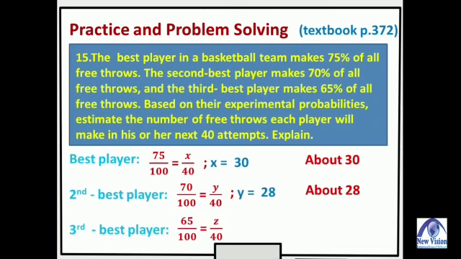Now for the third best player, it's 65 out of 100 equals z over 40. Multiplying each side by 40, z is equal to 26. So this is about 26.